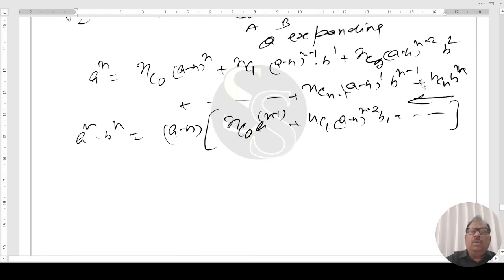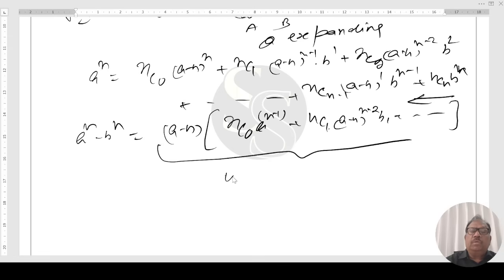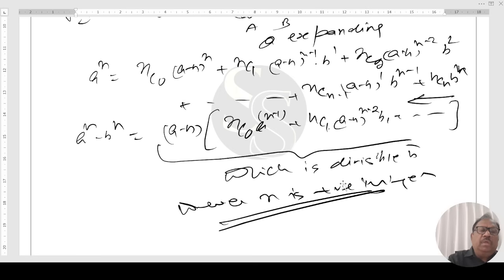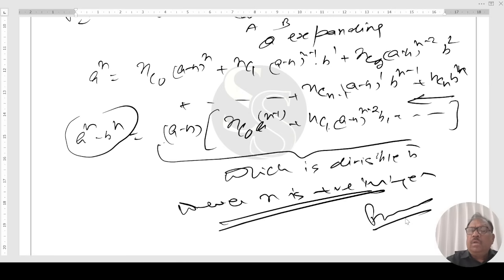Right? Now, which is divisible by A minus B, whenever n is a positive integer. Question was: prove A power n minus B power n is divisible by A minus B. Right?